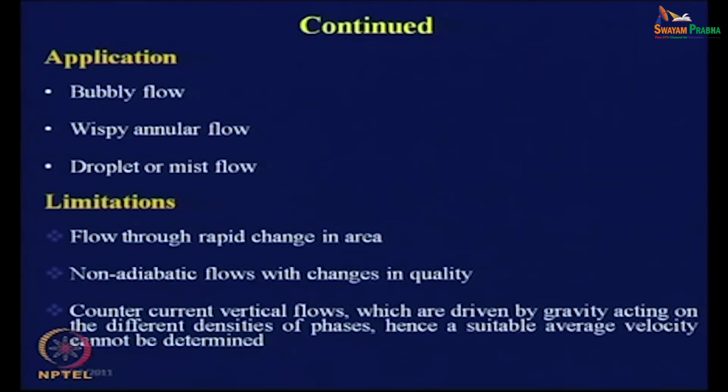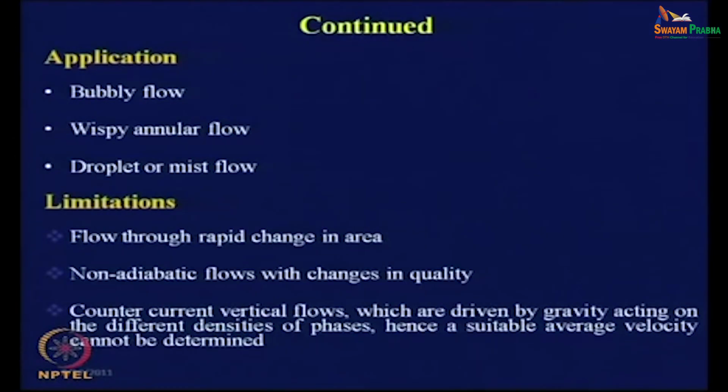That is, suppose you have countercurrent flows. Even if it is a bubbly flow situation, you have countercurrent flows. Then in that case, the flow is driven by gravity or vertical flows, and gravity acts on the different densities of the two phases. In this particular case, can you define a suitable average velocity?